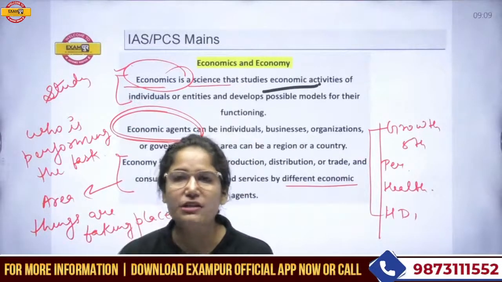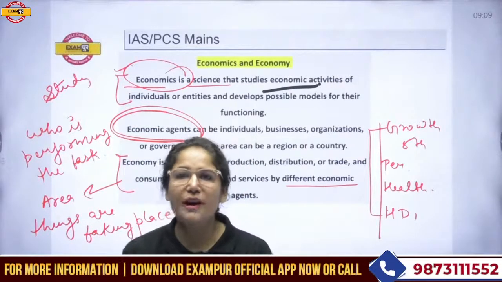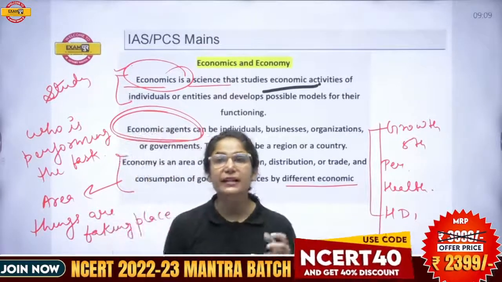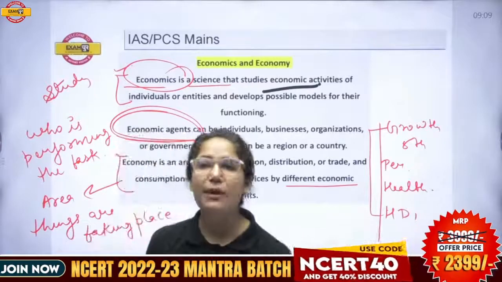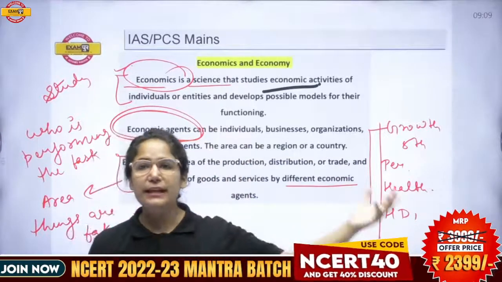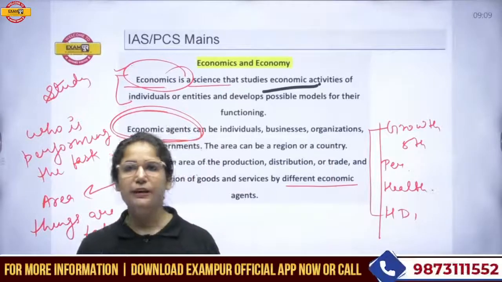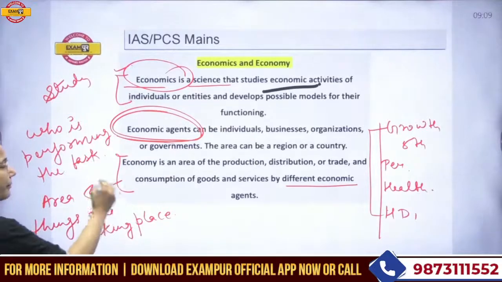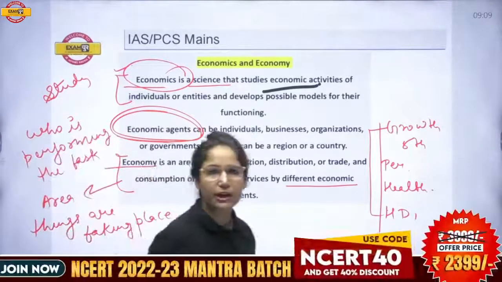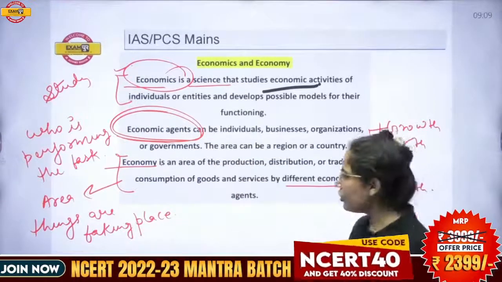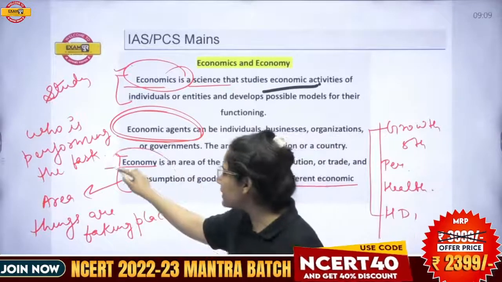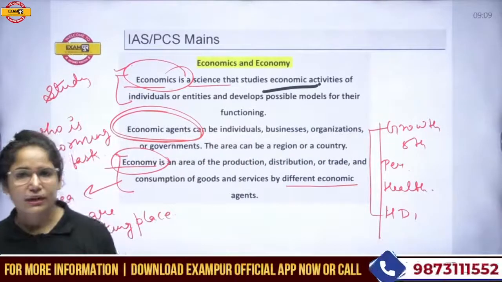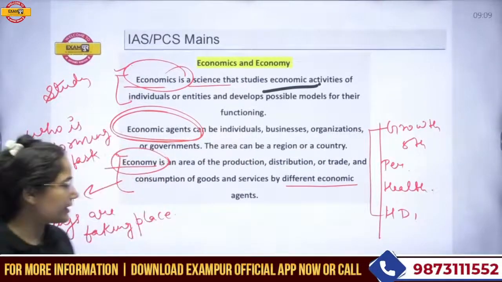Whosoever is performing the task of determining the growth, producing the goods and services, consuming, making investment, making deals with the international scenario, international in the sense of export and import we are talking about. And economy is the area, production, distribution and trade we are talking about. So economy is the area where the things are being conducted, where the things are taking place. So this would be taken into consideration.